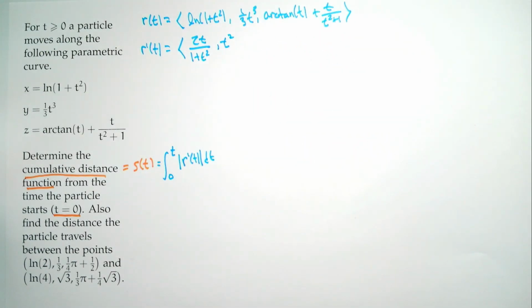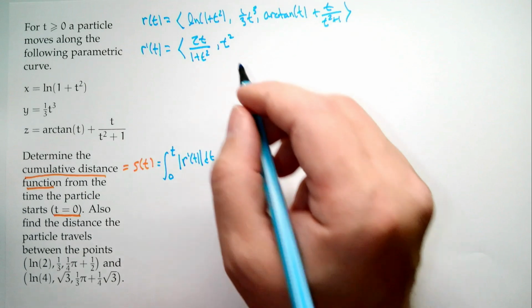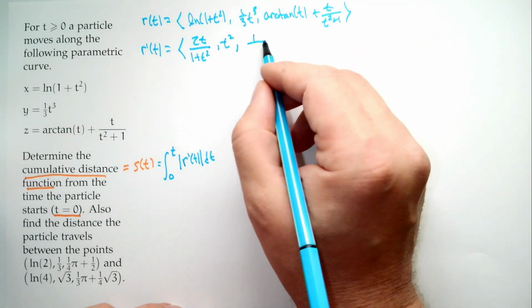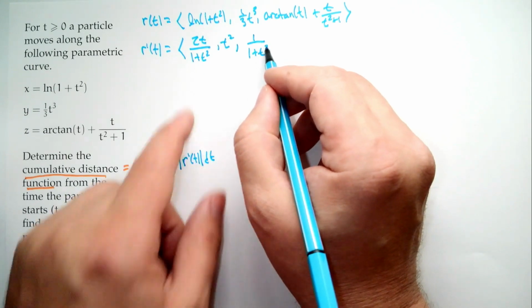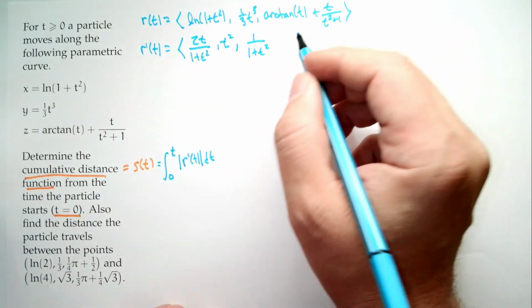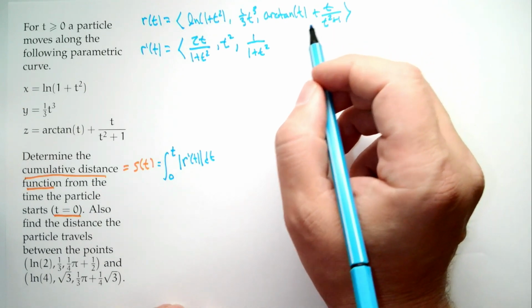All right. Derivative of arctangent of t plus t over t squared plus 1. Well, 1 over 1 plus... Ooh, interesting that there's a 1 over 1 plus t squared there. Very convenient. t over t squared plus 1.